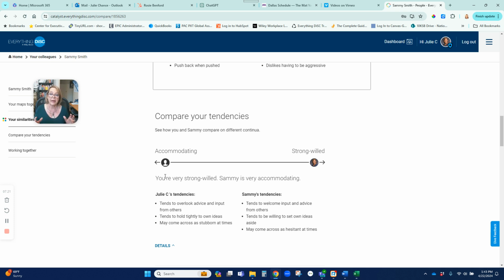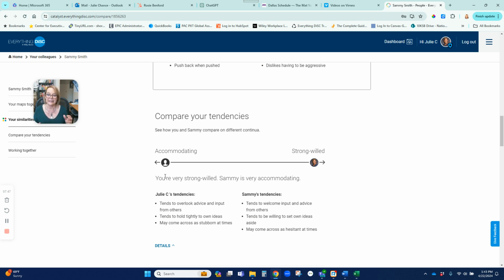So we can talk about how these are strengths and at other times weaknesses and when we might need to use them. And I need to really understand, and Sammy needs to understand, that I sometimes come across as stubborn and that it's okay for somebody to question that. I'm okay with that.